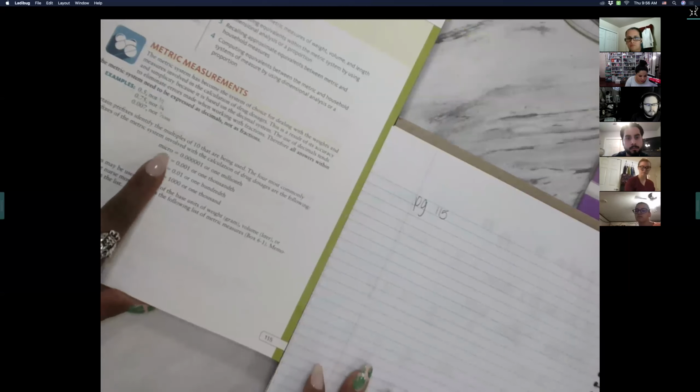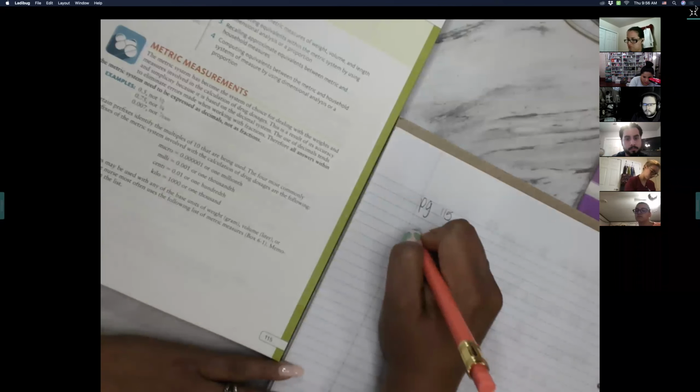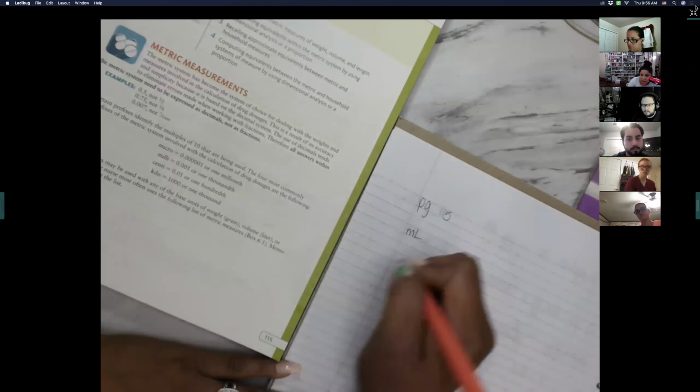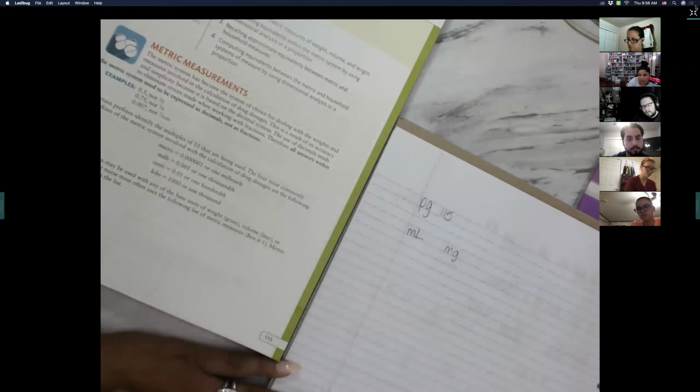So when it says milli versus micro, make sure that you understand a regular M, milliliter, milligram, right? Make sure that you're clear on that.